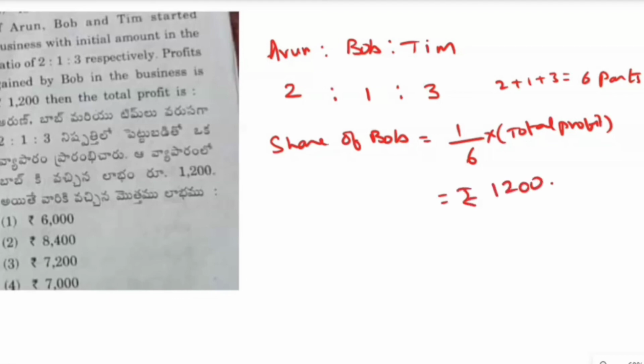Let us think the total profit is x. 1/6 of x is 1200 rupees. So the total profit x is 1200 times 6, which is 7200 rupees. So the answer is option 3.